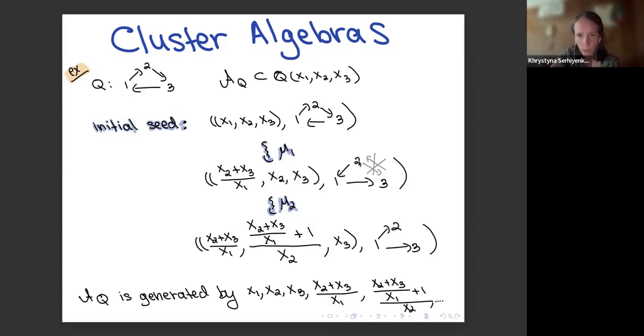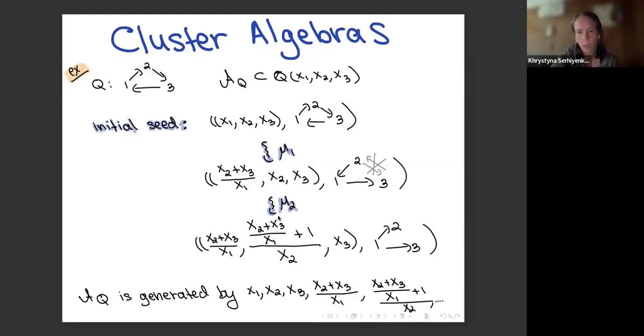I mutated 2. So notice in this quiver, there are no arrows coming into that vertex. So I take the empty product, which is 1. That's why there's a 1 appearing here. There's a single arrow going out of 2 into vertex 1, which means I'm going to look at this seed. I'm going to look at the variable in position 1 here.